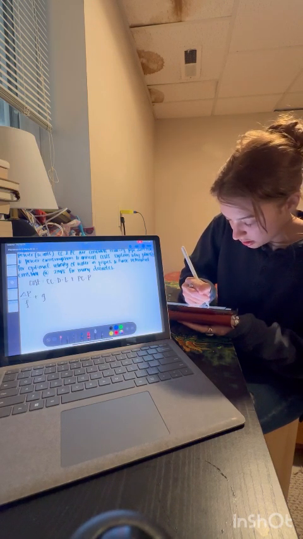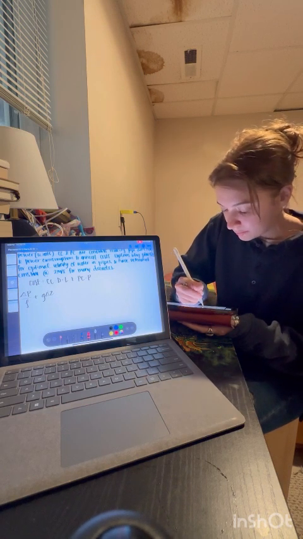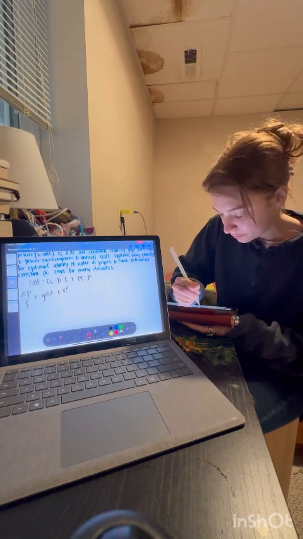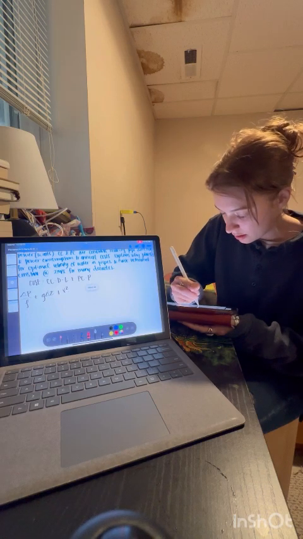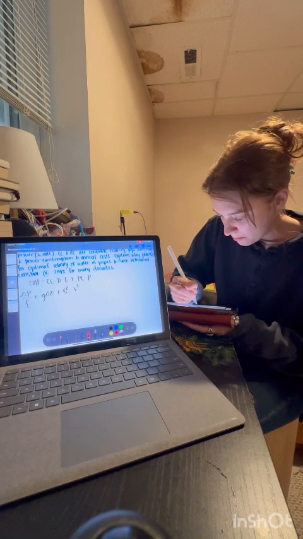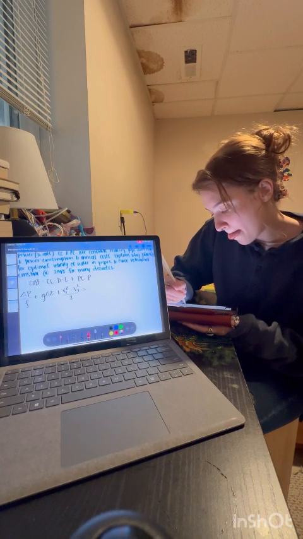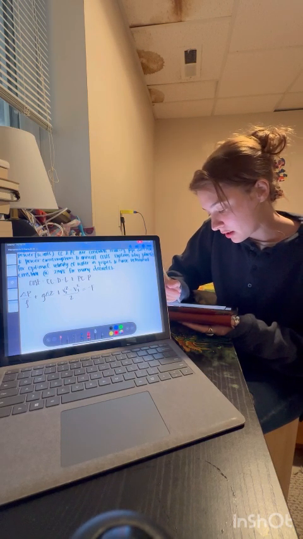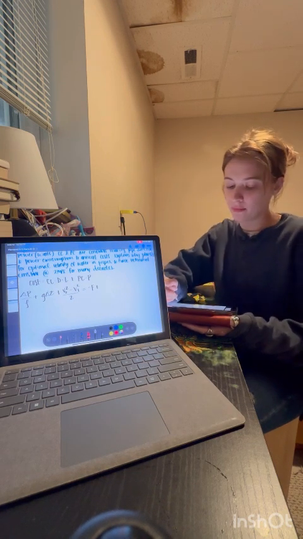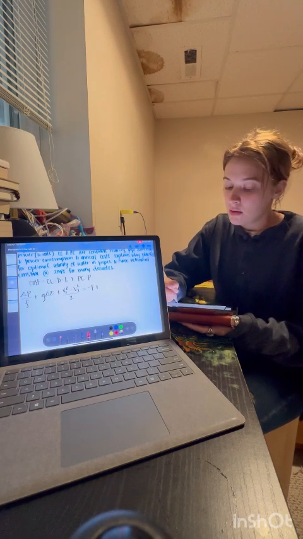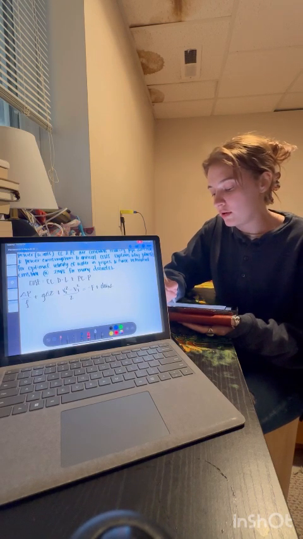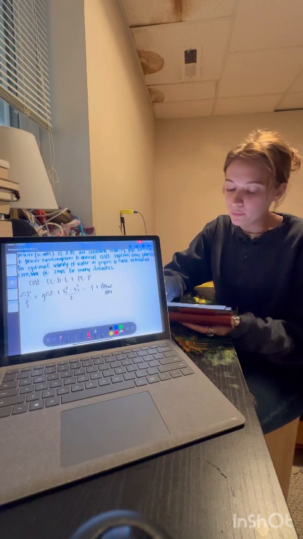So our G times change in Z plus this being equal to negative F plus dWNF over dm.